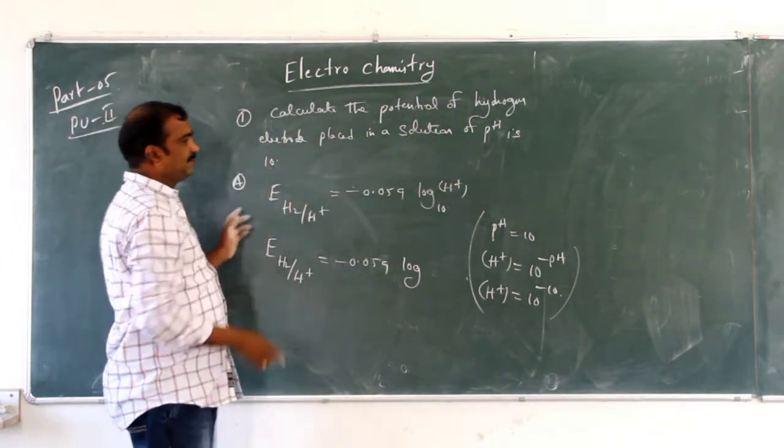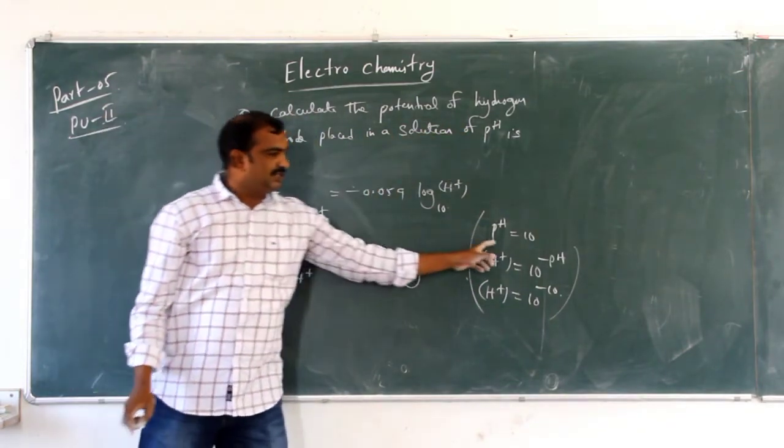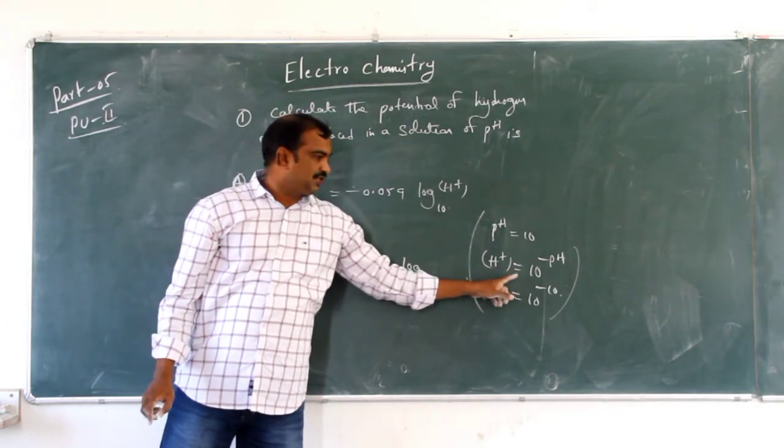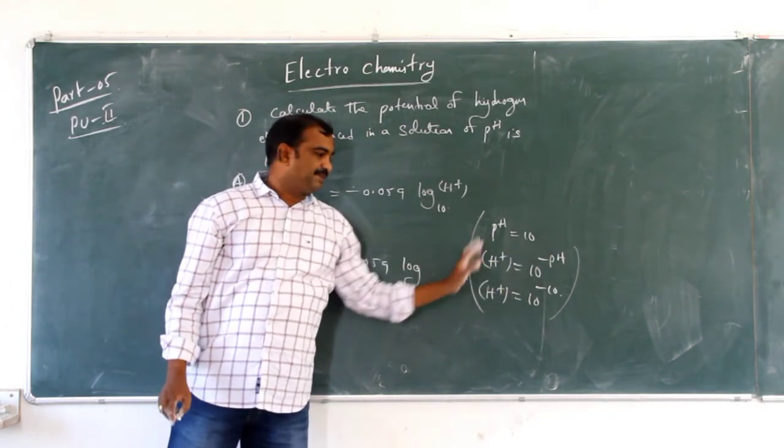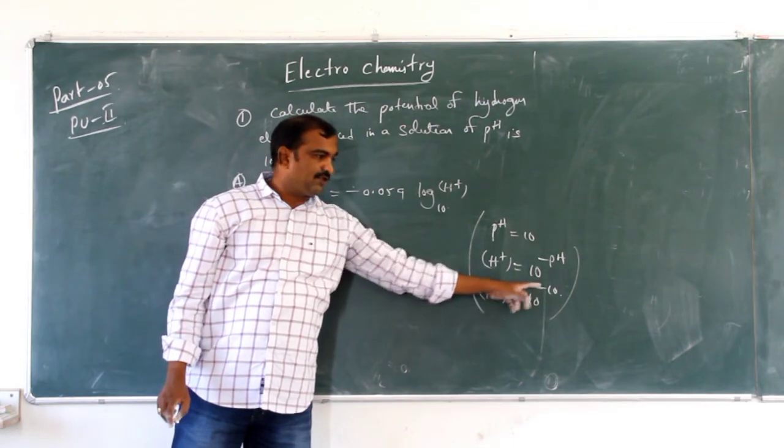The H plus ion concentration is equal to 10 power minus pH, so the H plus concentration is equal to 10 power minus 10.